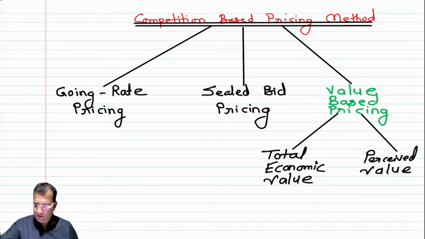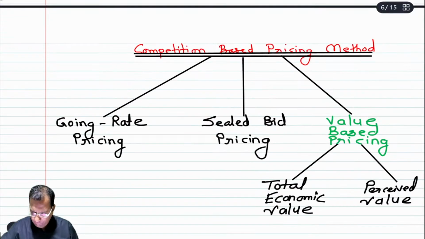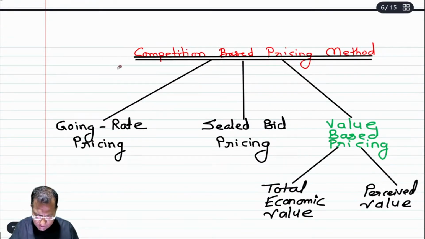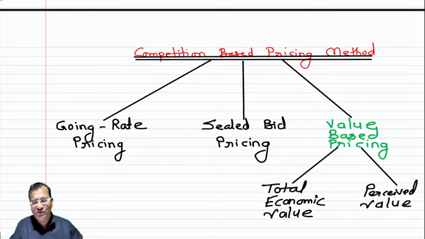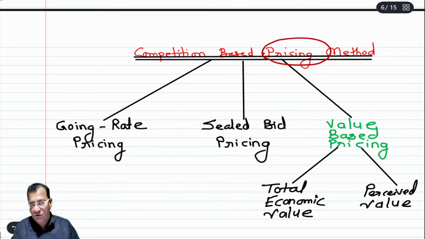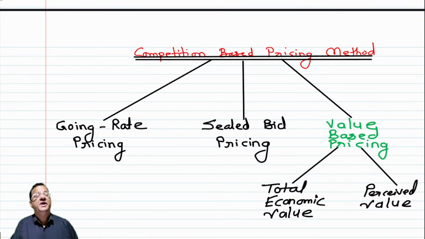Okay, beta, let's start with this terminology. What do you mean by competition-based pricing method? The name itself suggests that the pricing which is based on what my competitors are charging is known as competition-based pricing method.